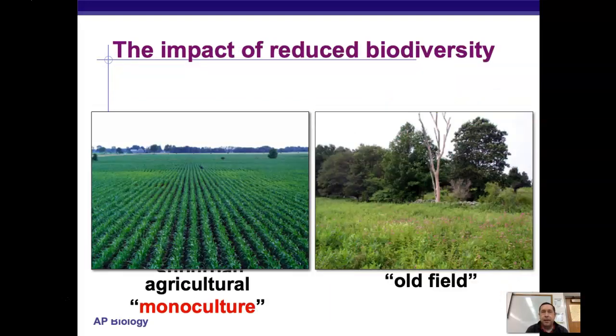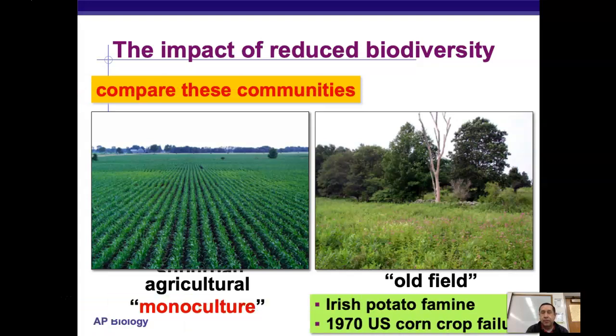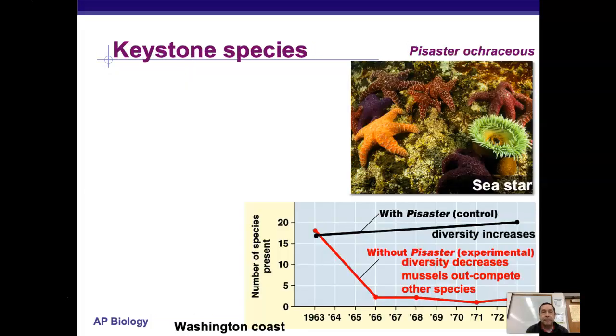Reducing biodiversity, agriculture, growing one kind of plant is an example of monoculture, whereas old field, you've got lots of diversity there. One of the problems with reduced biodiversity happened in Ireland with the Irish potato famine. 1970 U.S. corn crop failure are two examples where reduced biodiversity, big impact.